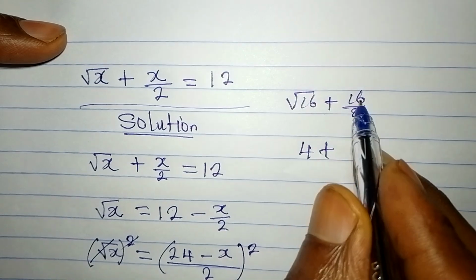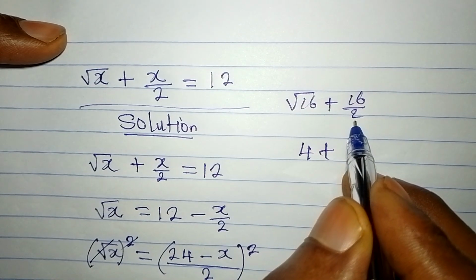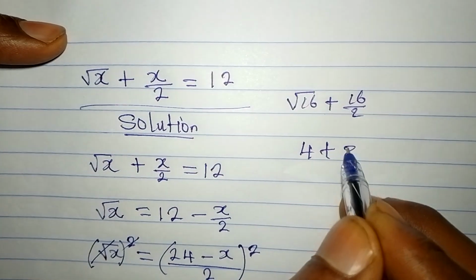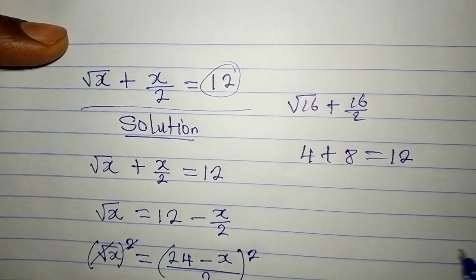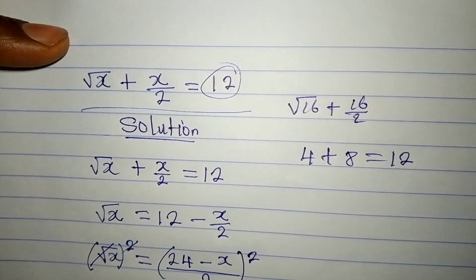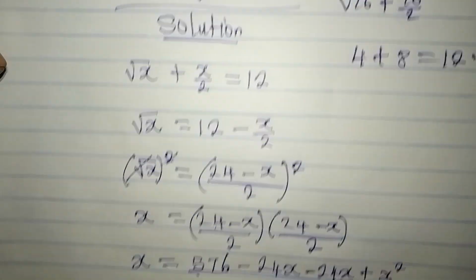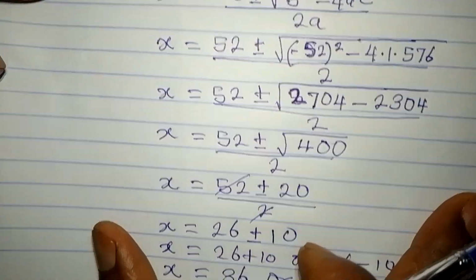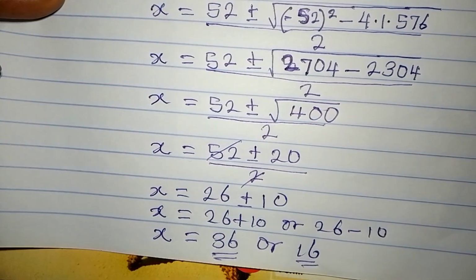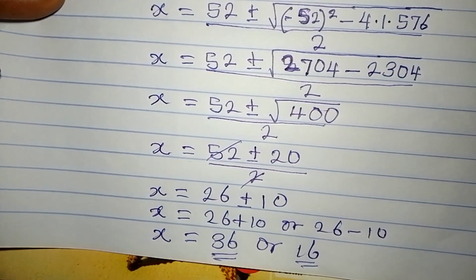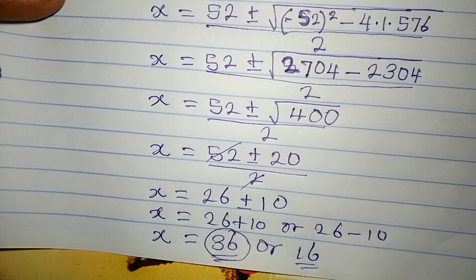Plus 16 divided by 2 is equal to 8, and this gives us 12, and it's 12 on the right. So we are very correct to pick x as 16. Now let's go back to the other value. It is obvious that 36 does not satisfy the equation, but 16 does.